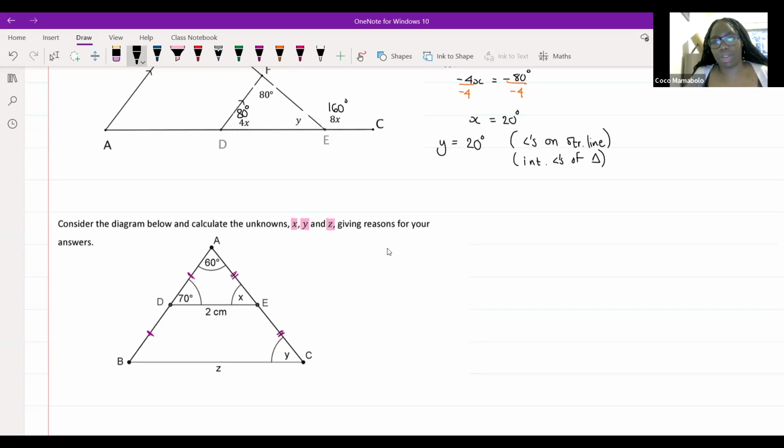Okay, I'm going to write it down. AD is equal to DB, and AE is equal to EC. Is it the midpoint theorem?